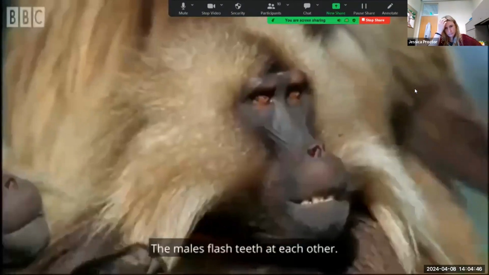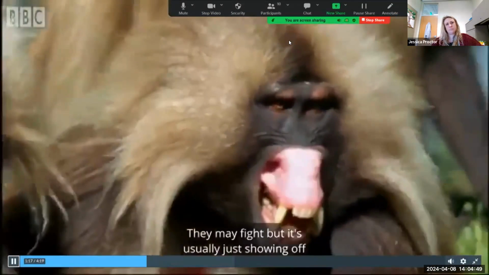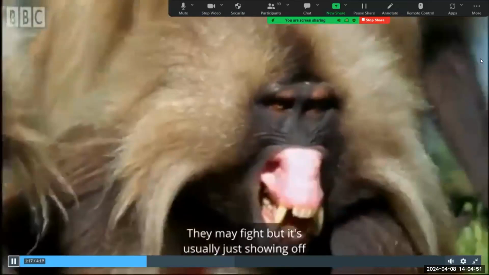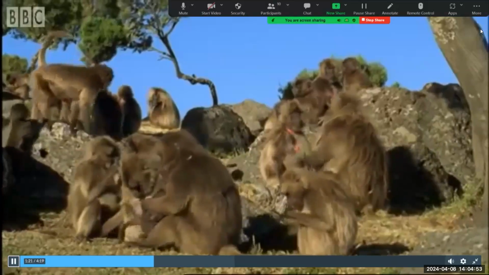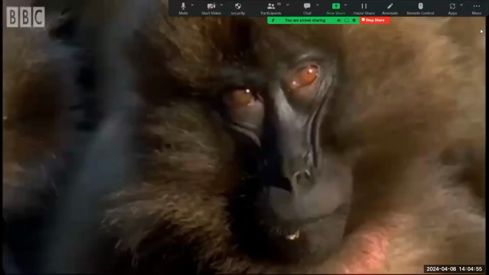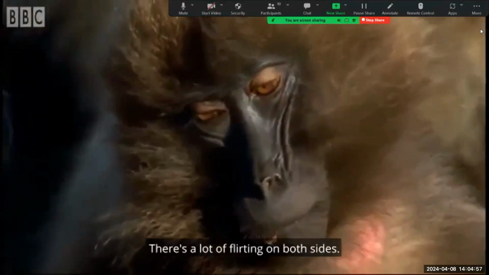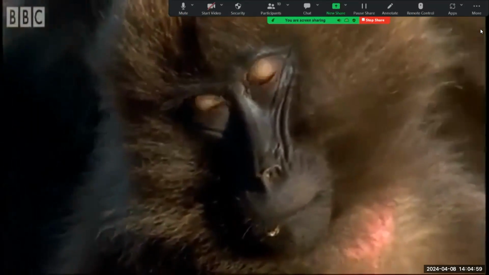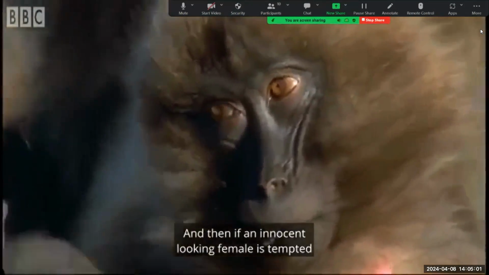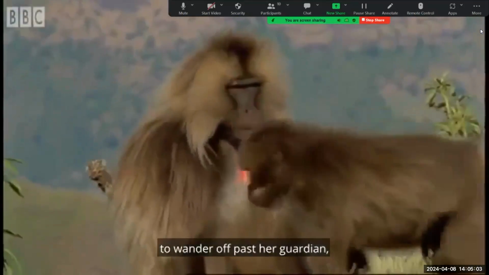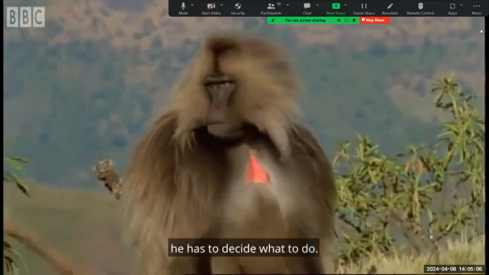The males flash teeth at each other. They may fight, but it's usually just showing off in case the girls are watching. There's a lot of flirting on both sides. And then, if an innocent-looking female is tempted to wander off past her guardian, he has to decide what to do.